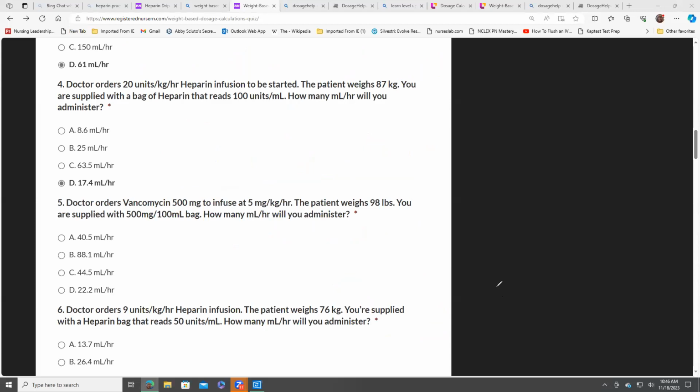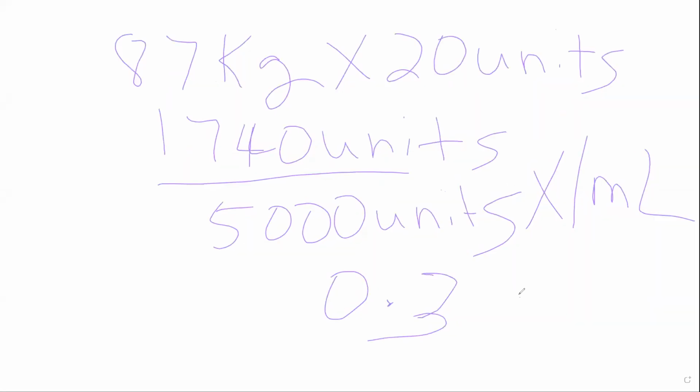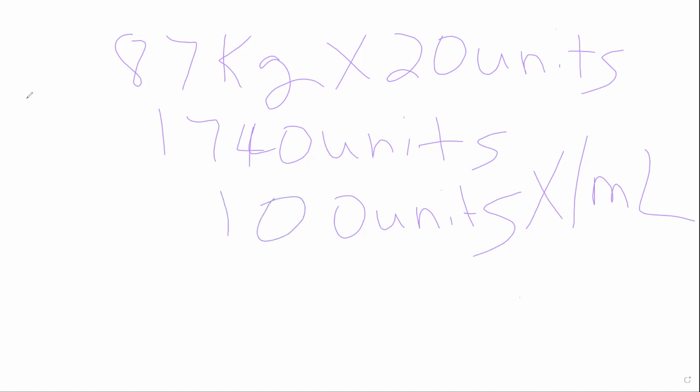This should have been 100. If I had the right numbers in there, the answer would have been right, but I had the wrong numbers in there. All right, so 17.4.